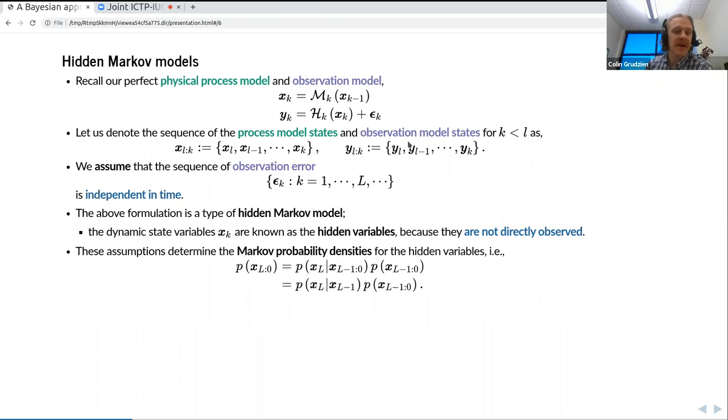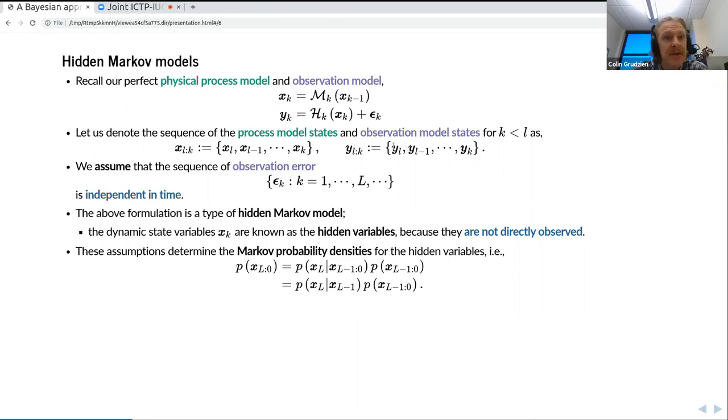And these assumptions then determine what we say are the Markov probability densities for the hidden variables. A Markov process is known as a memoryless process in the sense that it's the probabilistic analog of an initial value problem from deterministic analysis of ODEs, PDEs, things like this, where you have an existence and uniqueness problem, and knowing the past state determines the next state.